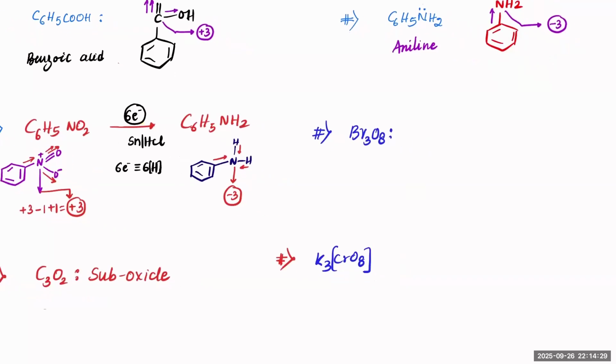Next, Br3O8. Br3O8 is basically structure based, where we have 3 bromines connected back to back, and then we have all the oxygens making a double bond with the bromines available like this.